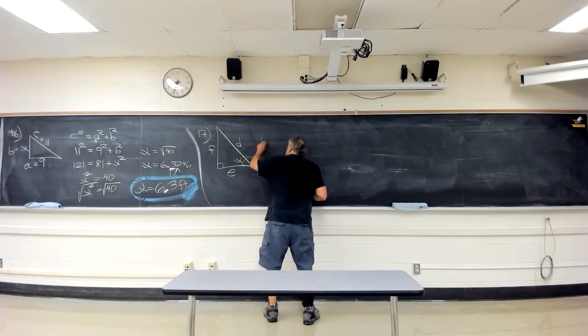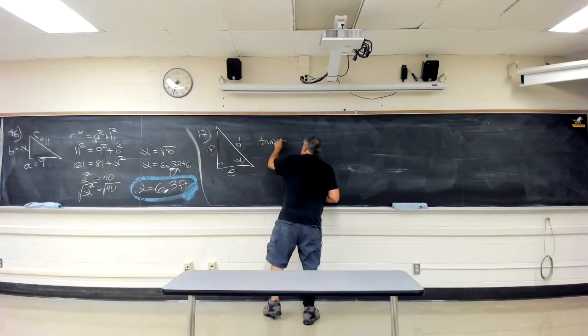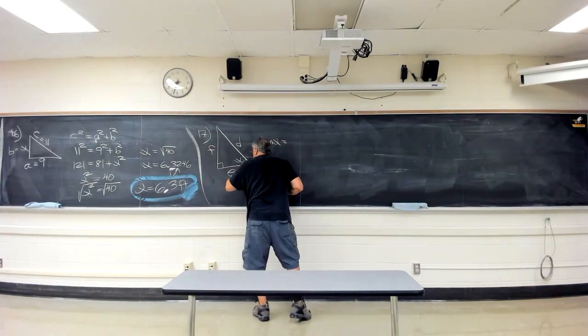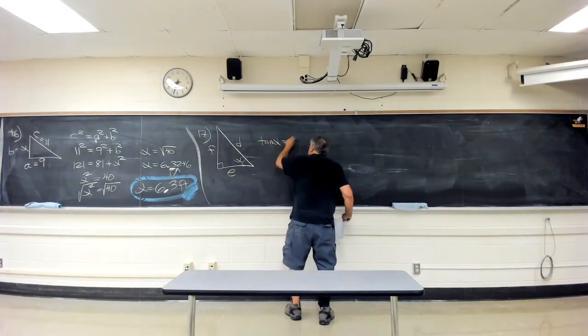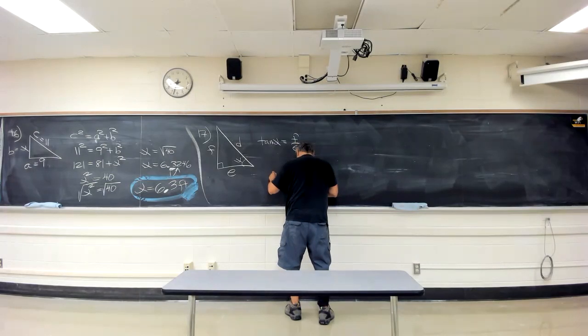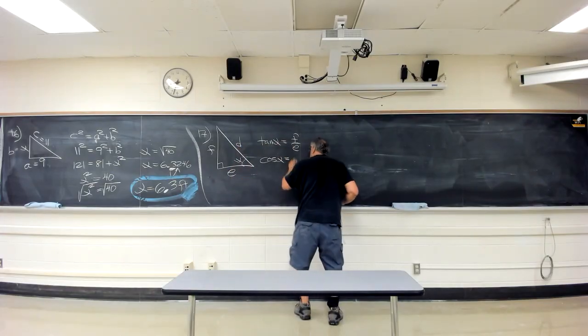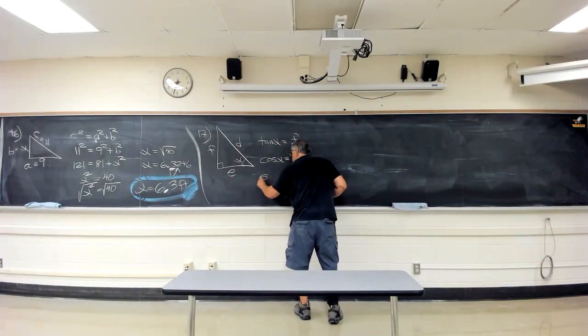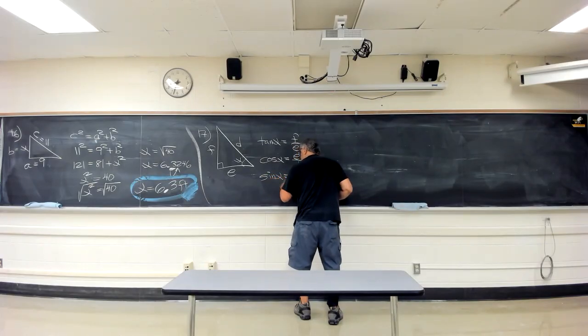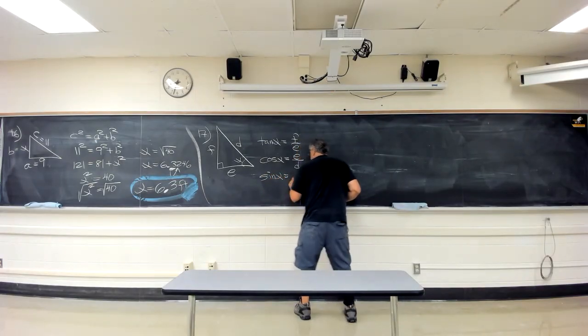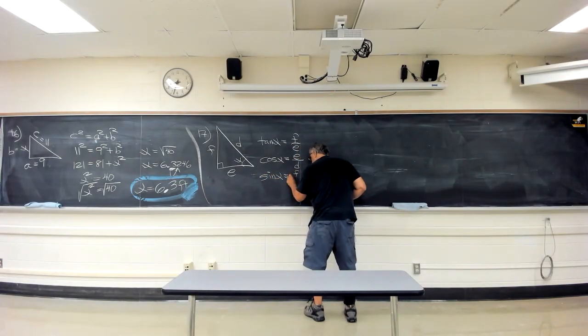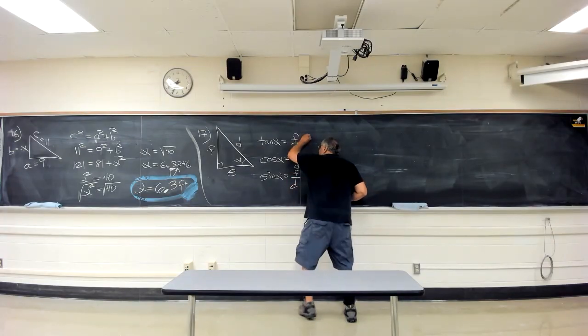Well, tan x is rise over the run, opposite over adjacent. Cosine x, that's adjacent over hypotenuse. That's E over D. Sine x is F over D. There you go.